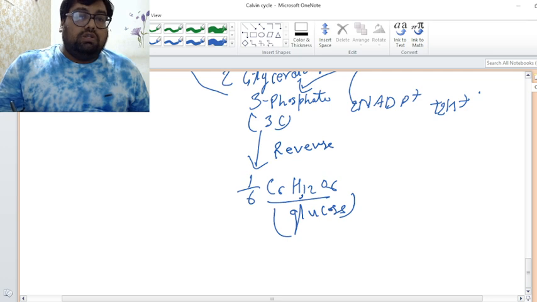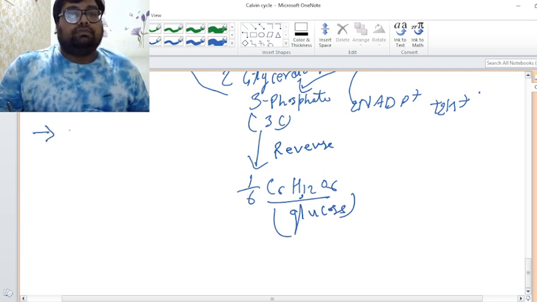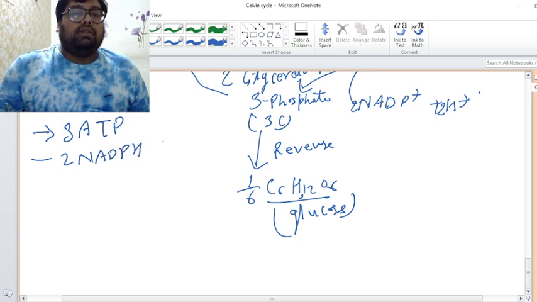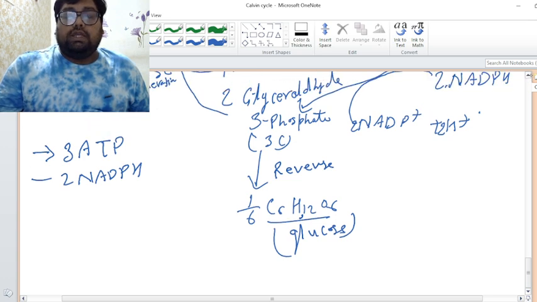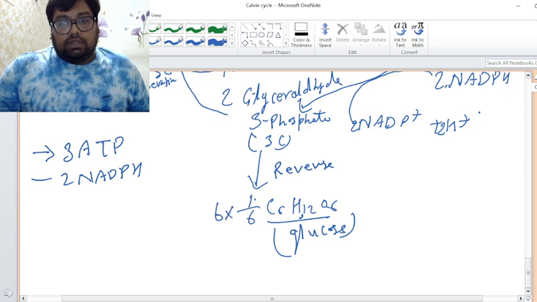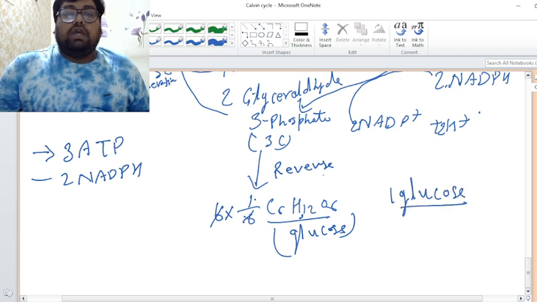During each Calvin cycle, there is a utilization of 3 ATP and 2 NADPH. For production of 1 molecule of glucose, how many cycles will run? It requires 6 cycles.